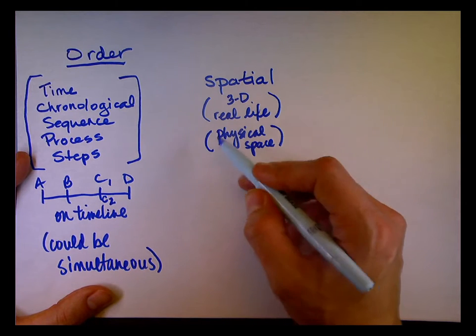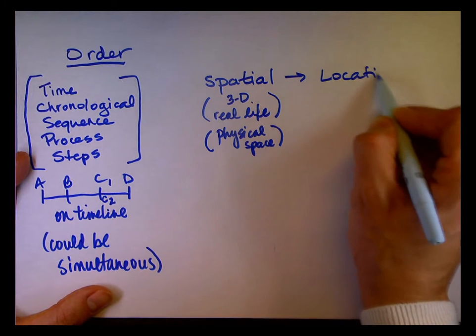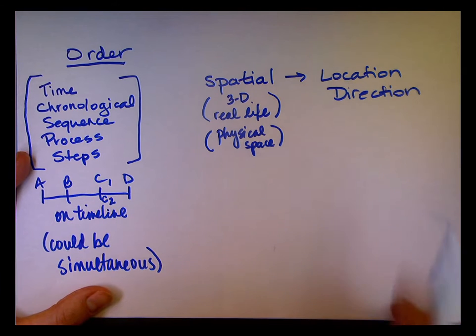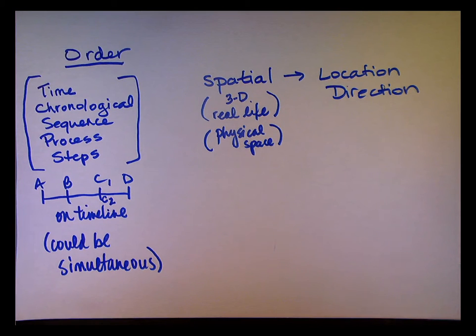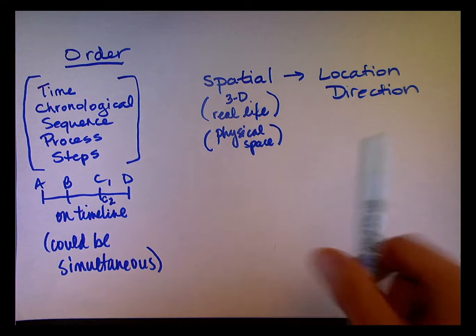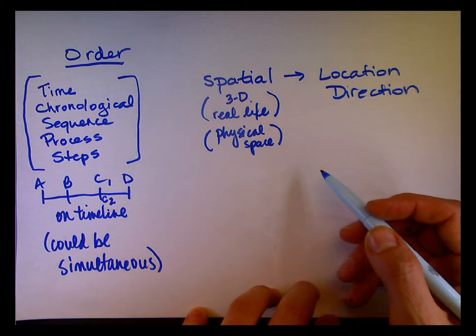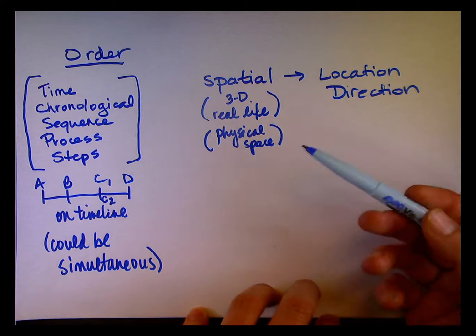All right, so that's kind of just explaining it, but there is actually another name that spatial order often gets called, and it could be location or direction. So this is when the passage is about, definitely, where something is located, but also it could be describing the dimensions of something.